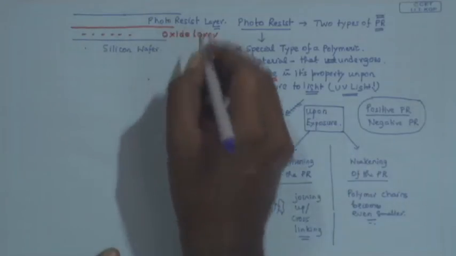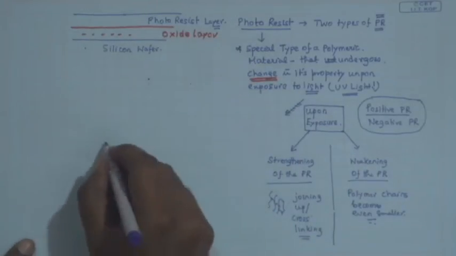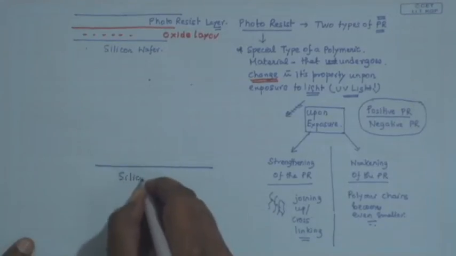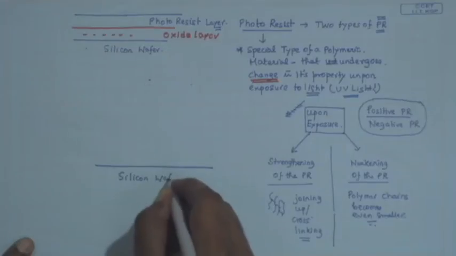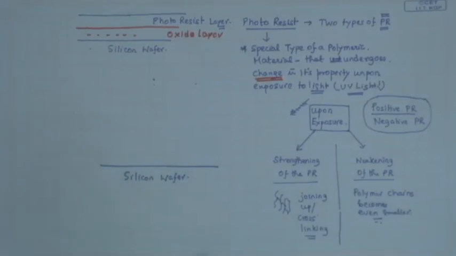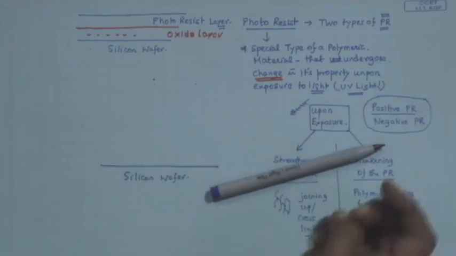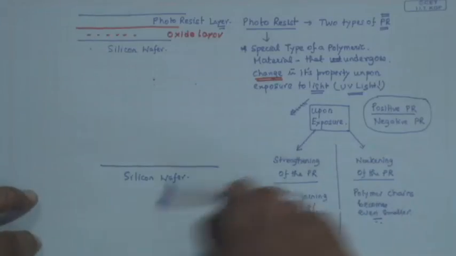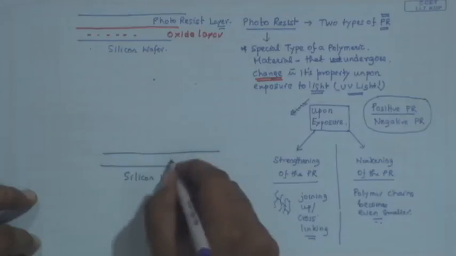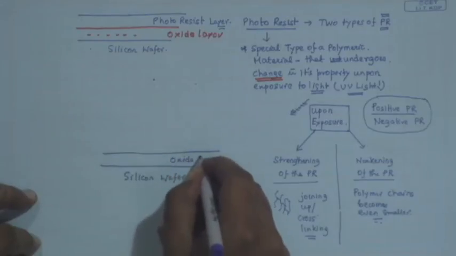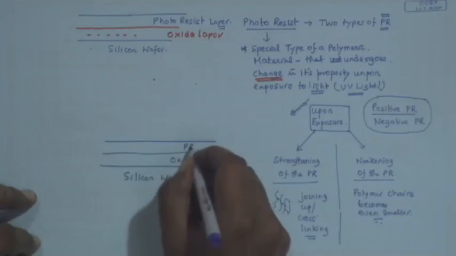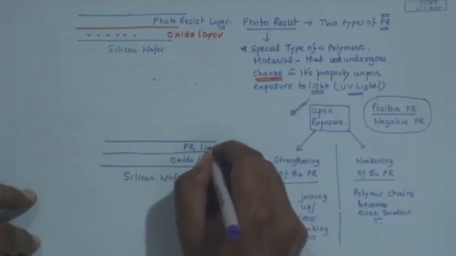In order to do that, what we have done so far is, on the wafer we have grown an oxide layer, and then we have deposited a photoresist layer.